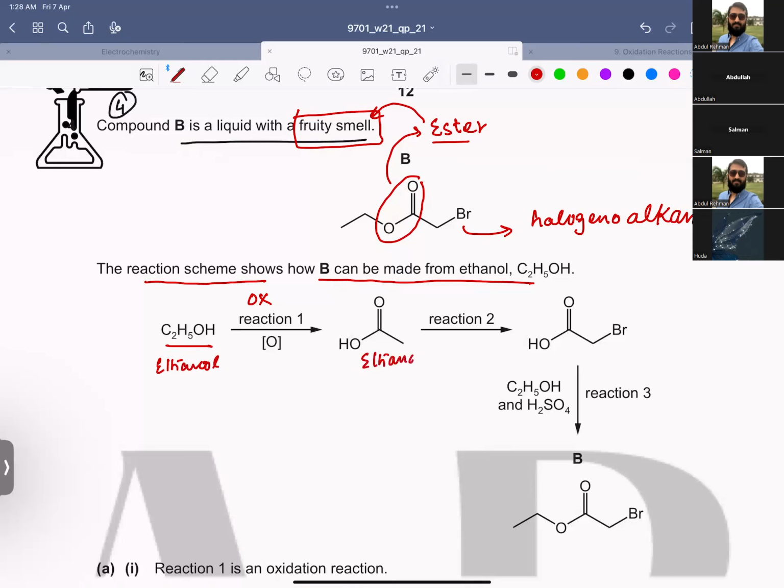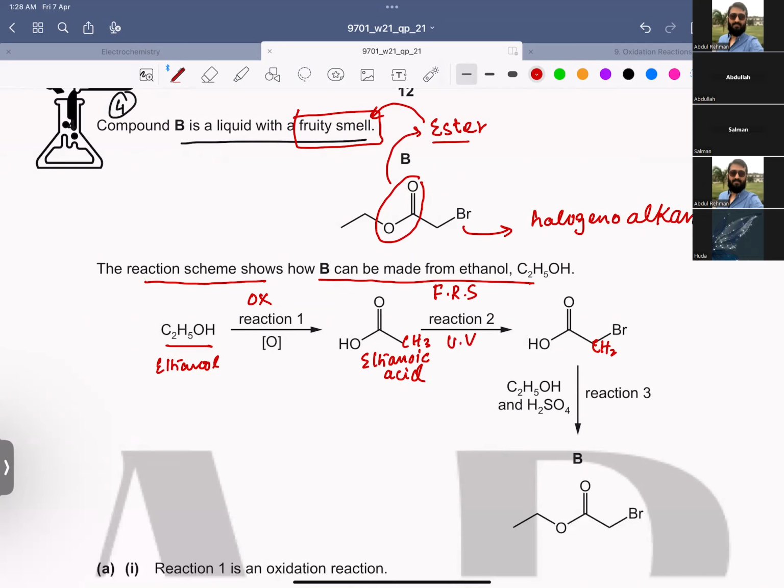So it is oxidized. That's fine. In reaction 2, there must be a CH3 and that CH3 now becomes CH2 and one of the hydrogens is substituted by bromine. So I can call this reaction free radical substitution, which occurs in UV rays or sunlight.